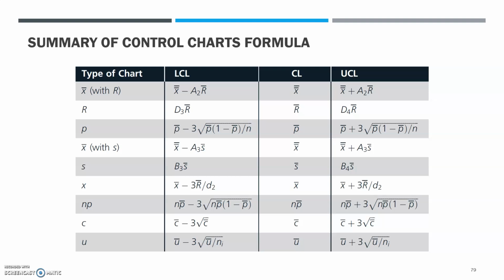Variable measurements use charts such as X bar and R, X bar and S, or X bar and MR, depending on the sample size, right? With attribute data, it depends on whether you're using fraction or count. For fraction, you use P bar or NP bar. For count, you use C bar and U bar, depending on the base size of the opportunities.